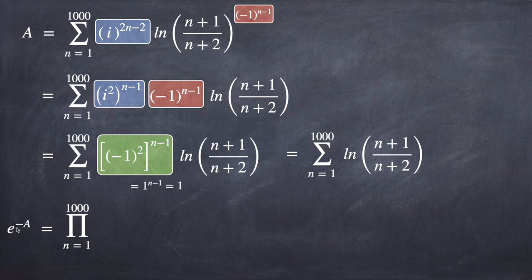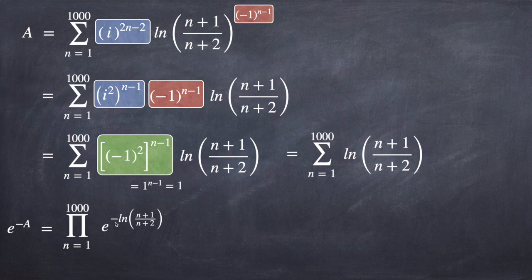Obviously, we need to consider this negative sign here. So, the exponential of the negative of A is the product of the exponential of negative of this logarithm. And the productory is over n from 1 to 1,000.